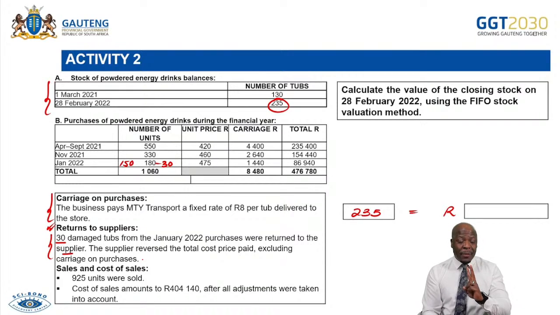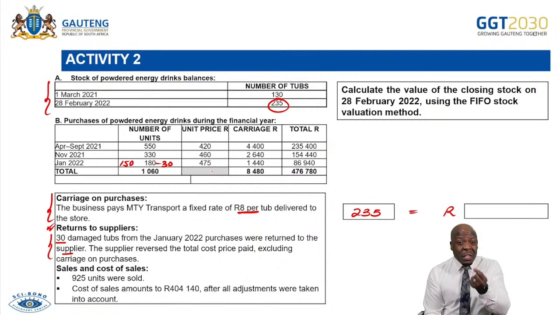So it includes two amounts: the amount we paid to the supplier in buying and the amount we also paid in delivering this particular item. Remember, when we pay for the delivery of our stock, that will be added to the value of our stock. In this case, you will see that we paid 8 Rand per tub for it to be delivered.